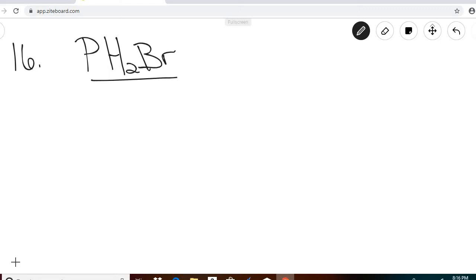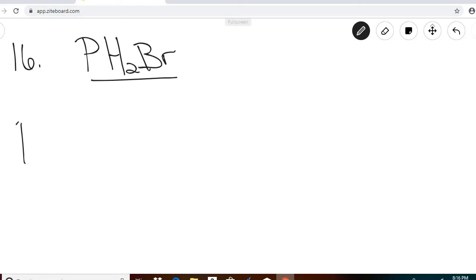Okay, number 16, write the balanced equation for the formation of PH2Br. Okay, so a formation reaction just means that you're going to combine the individual elements to make this molecule.